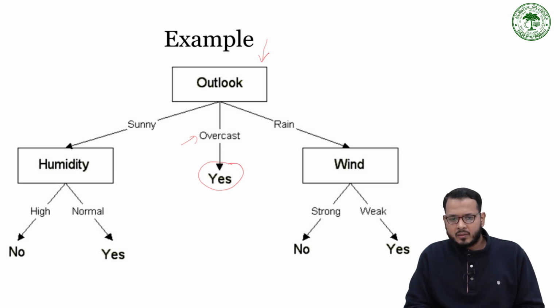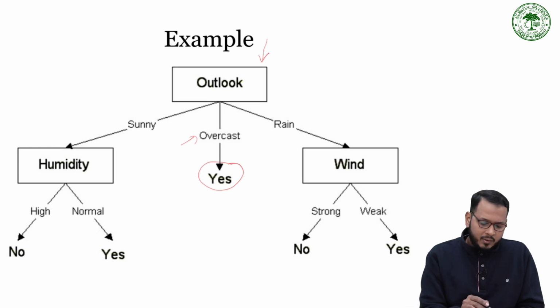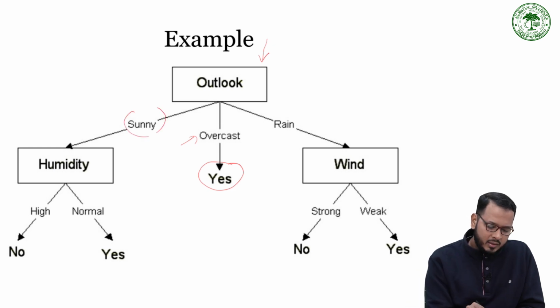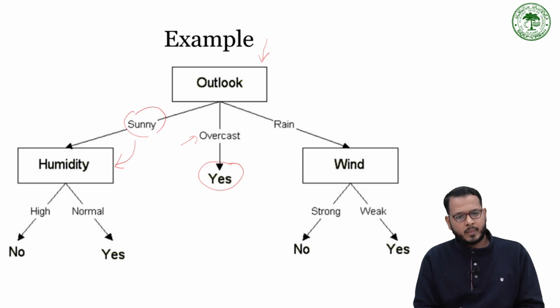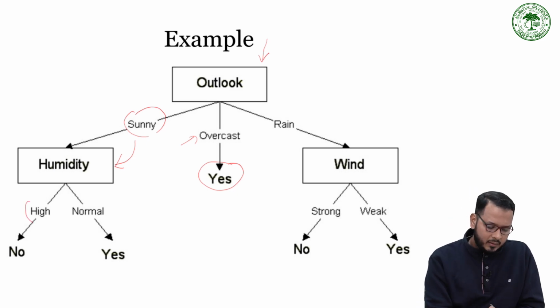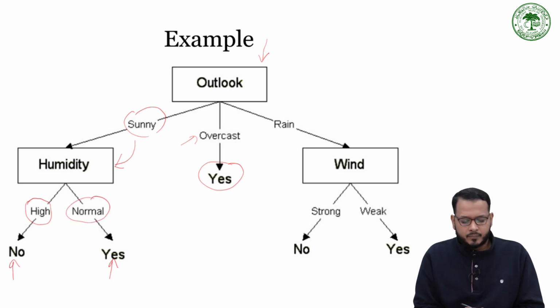It is important that when the outlook is overcast, there is no need to even check further attributes like humidity or wind or temperature. However, when outlook is sunny, we need to further check what is the value of humidity. If it is high, then you cannot play the game. If it is normal, then you can play the game.